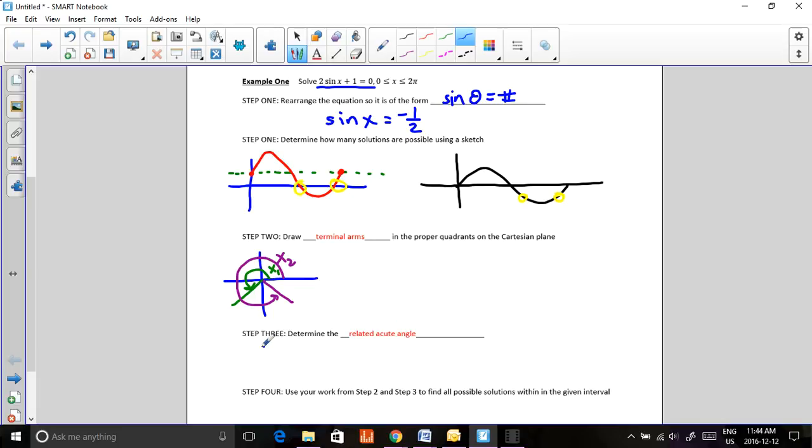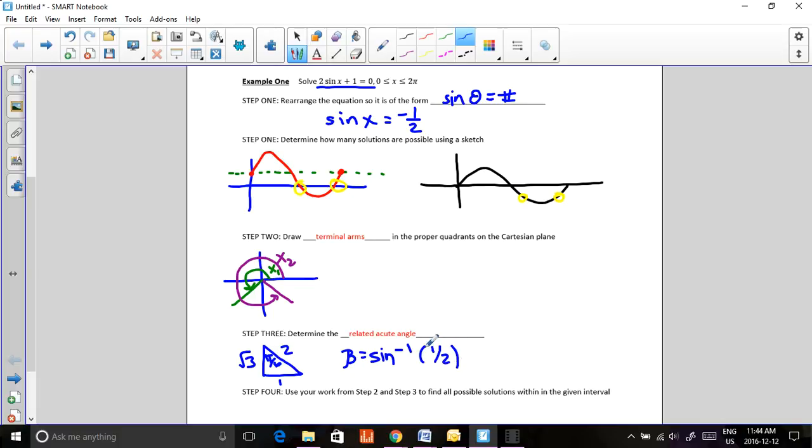You might notice that 1/2 is a ratio from one of our special triangles. Remember, always use special triangles where you can. So we have here 2, 1, and root 3. Which has a sine of 1/2? It's pi over 6. So beta, remember, is the inverse sine of 1/2.